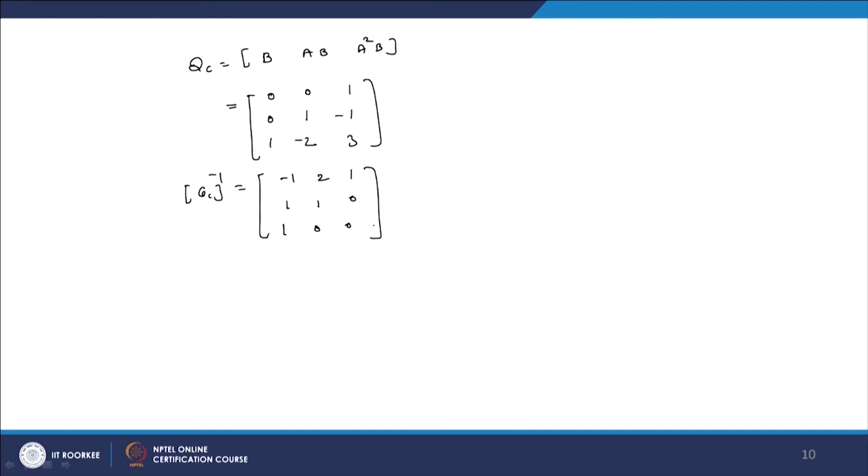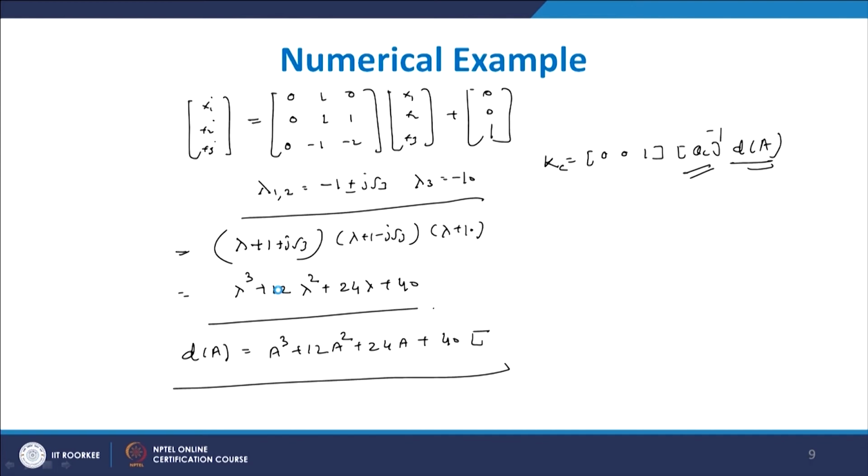Now we require phi of A. This phi of A equals A cube plus 12A square plus 24A plus 40. What we have done here is the desired equation, lambda cube plus 12 lambda square plus 24 lambda plus 40.